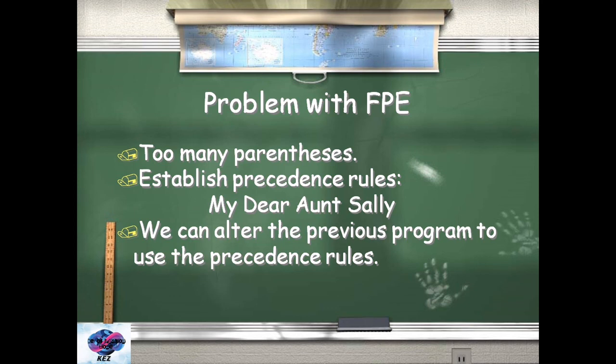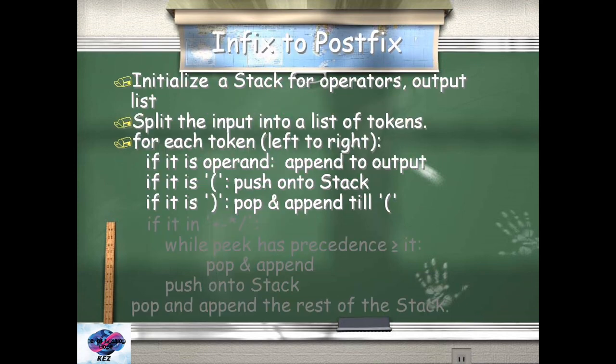Next, we can alter the previous program to use the precedence rules. So at first we have to know the precedence rules. I think you know them, but the rules are: bracket, then multiplication, then division, then addition, then subtraction.